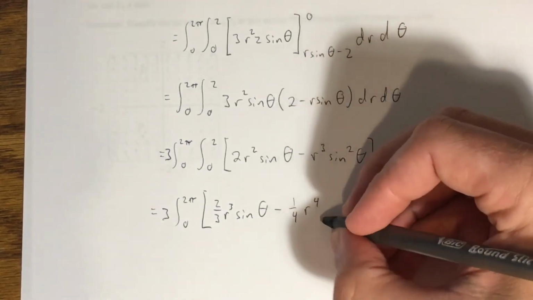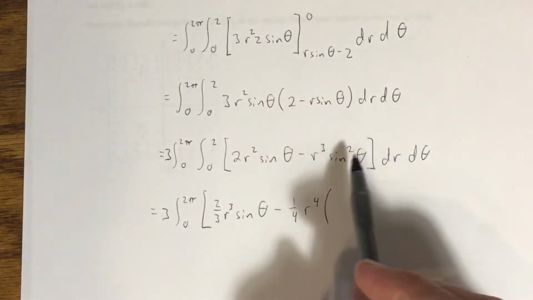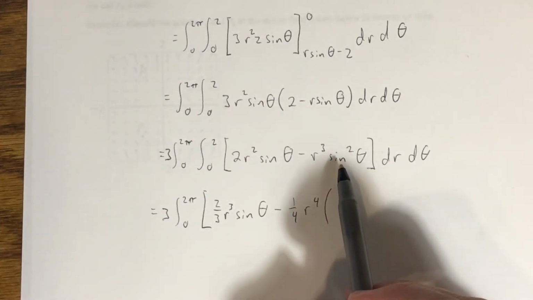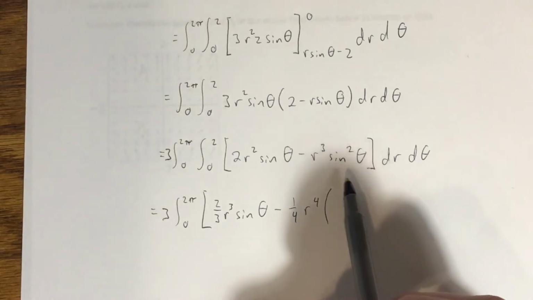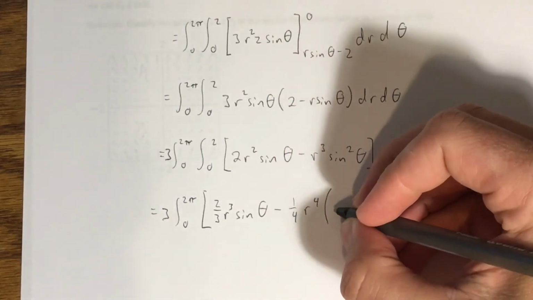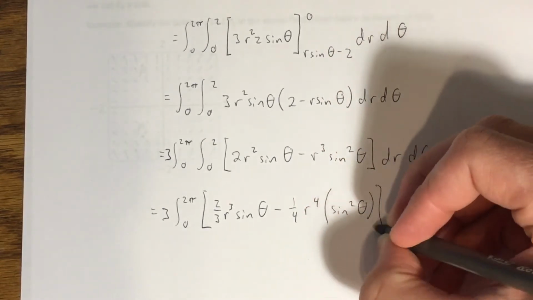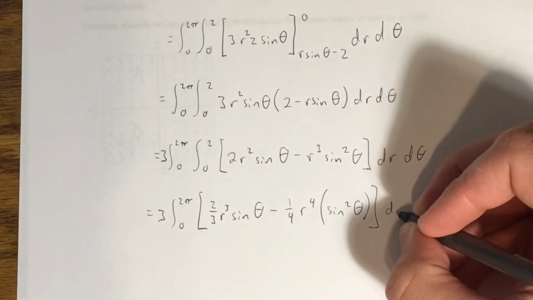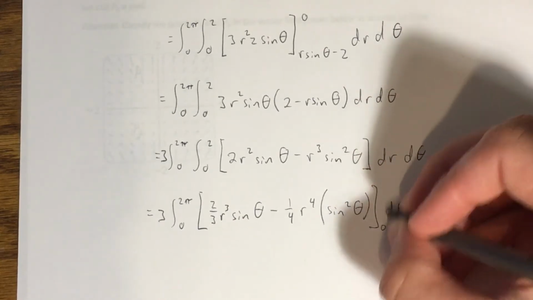Now I know that I'm anticipating having to integrate. Actually, no. You know, I'm getting too far ahead of myself. So I don't really need those parentheses there. But this was with respect to r, and we're going from 0 to 2.